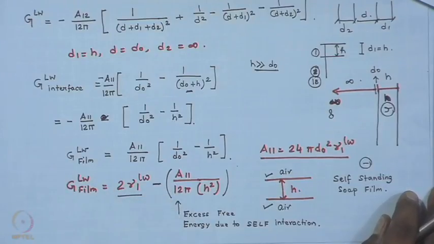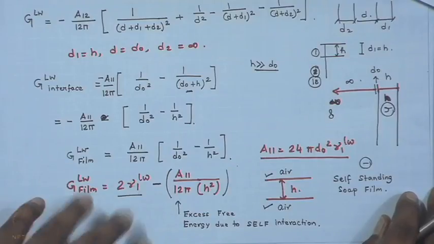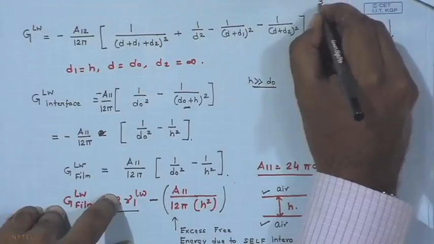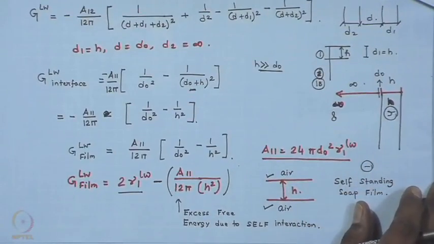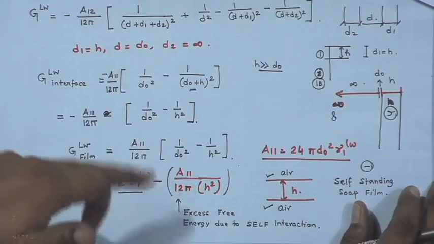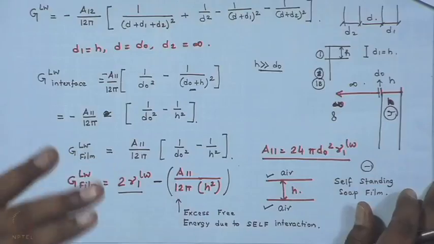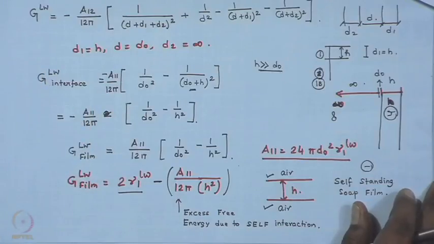The more interesting term, which arises out of the self interaction of the molecule, because we have now considered the self interaction of the molecule, and more importantly this excess free energy sort of tends to 0 as the film becomes thicker.